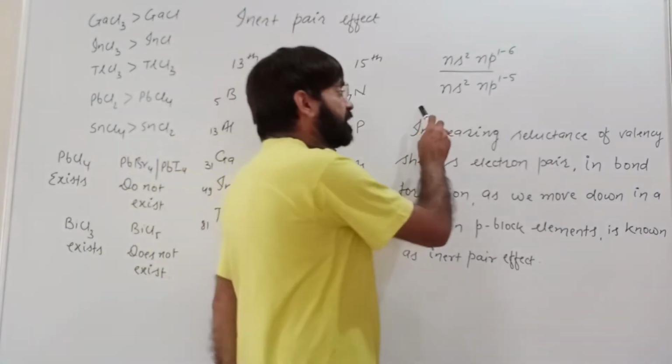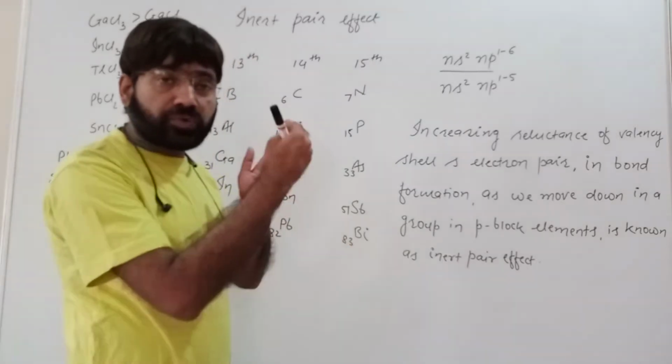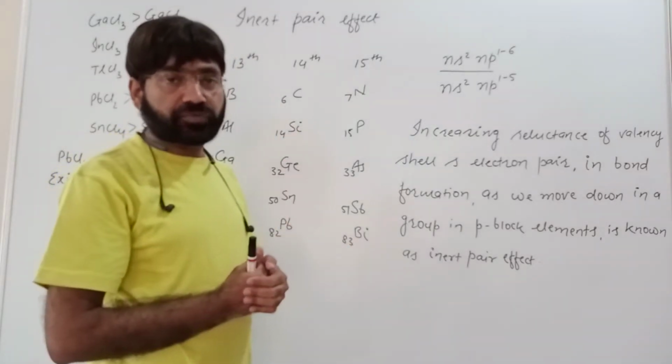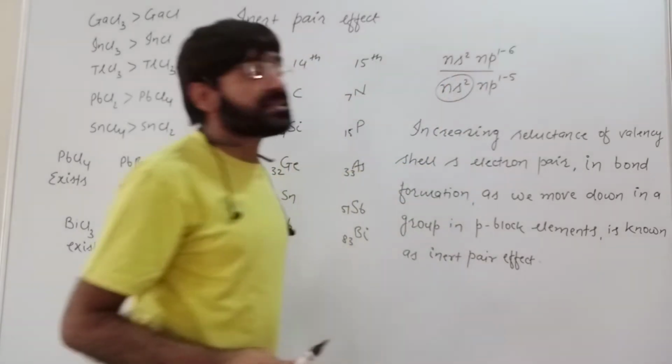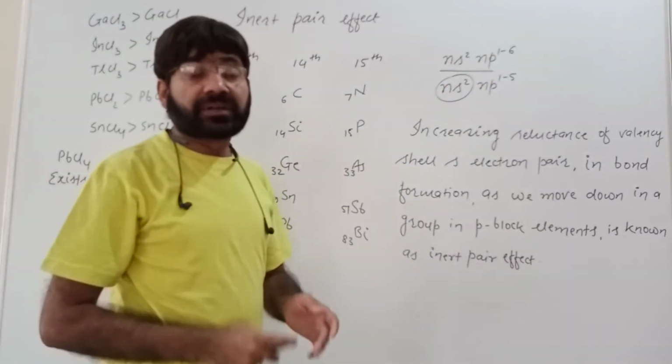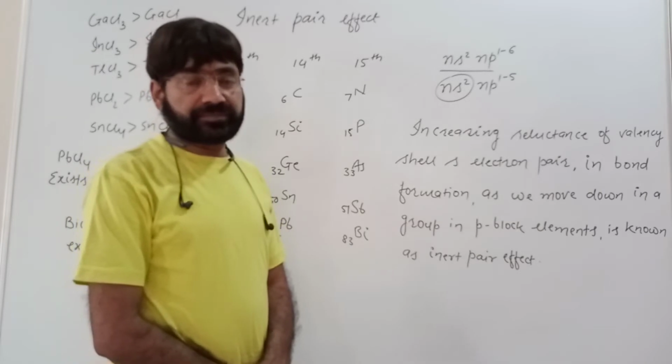But in the inert pair effect, what we'll find is that as we move down in a group in p block elements, the valency shell s electron pair becomes quite hesitant or reluctant in bond formation.